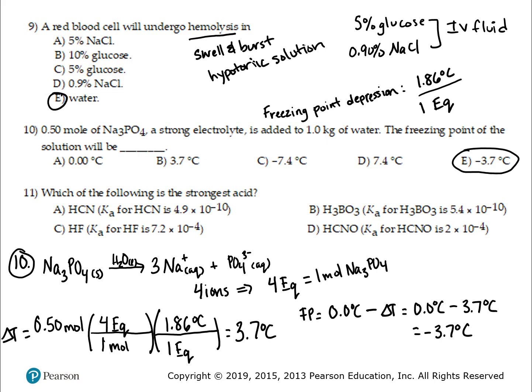All right, number 11. Which of the following is the strongest acid? The strongest acid is going to have the largest Ka value. So you have to look at the Kas for all of these and figure out which one is the biggest.